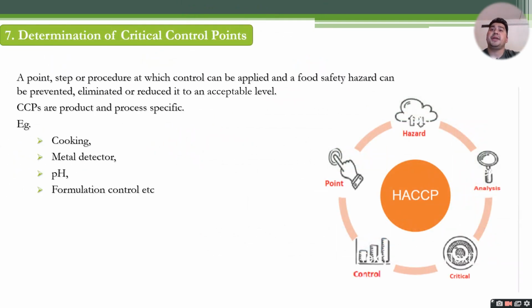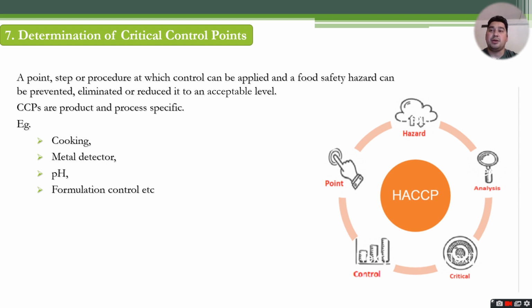Now, determination of critical control points. How can you determine the critical control points? A point, step, or procedure at which control can be applied and a food safety hazard can be prevented, eliminated, or reduced to an acceptable level. CCPs are product and process specific. Whenever you are defining any CCPs, they should be product and process specific.